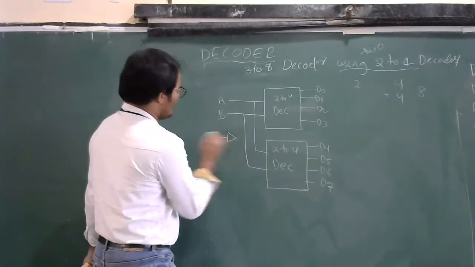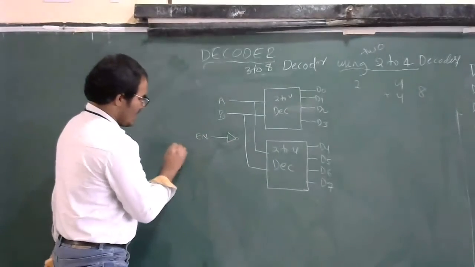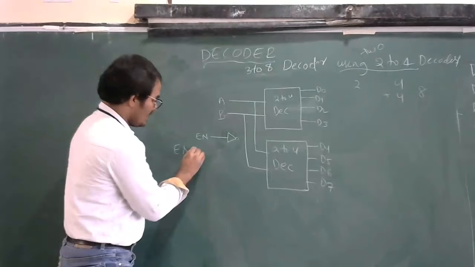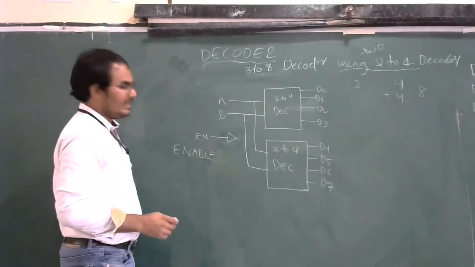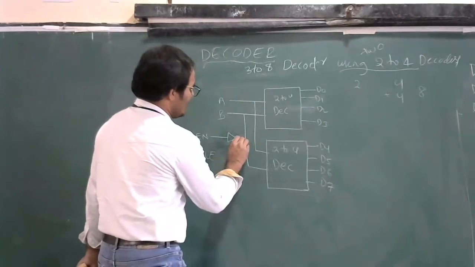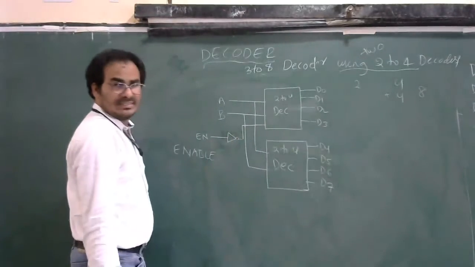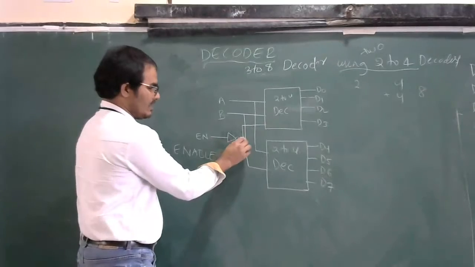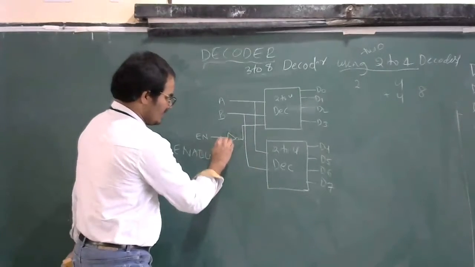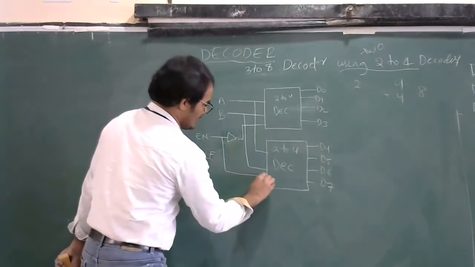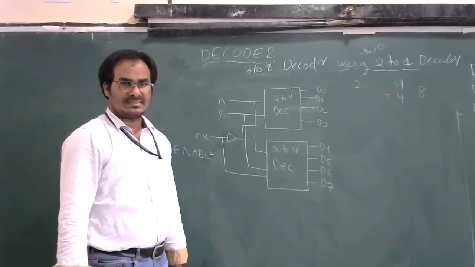We represent it with EN and we call it the enable input. This enable input is applied as the third input for the upper decoder after a NOT gate, and to the lower decoder it is connected without a NOT gate.